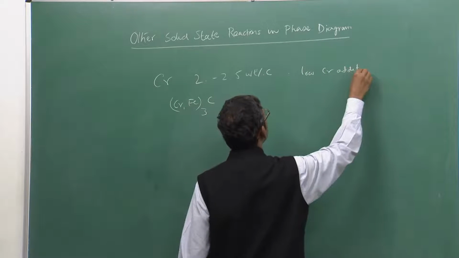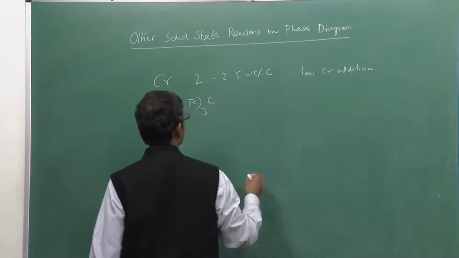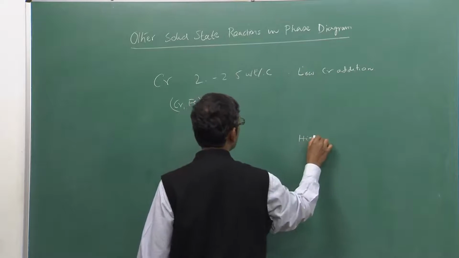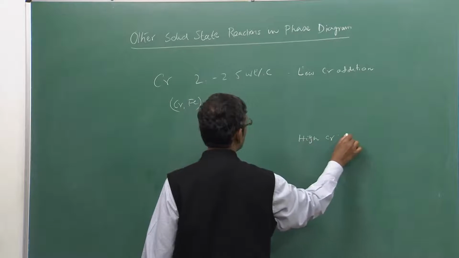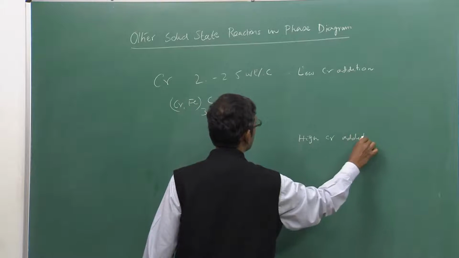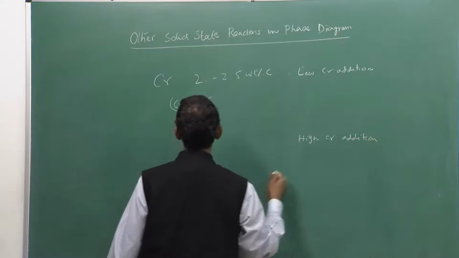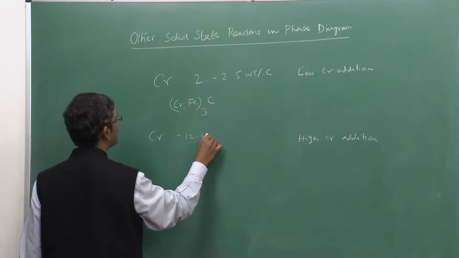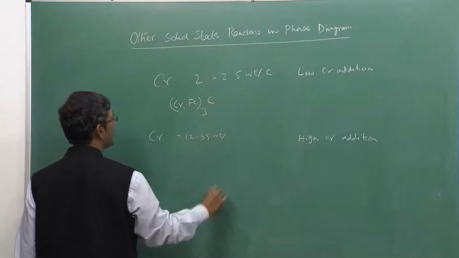But if the chromium addition is more, if you have a high chromium addition, then chromium will form other carbides, like when chromium is from 12 to 35%, a huge amount of chromium is added.